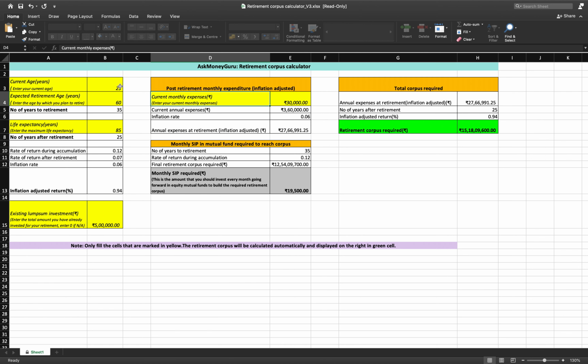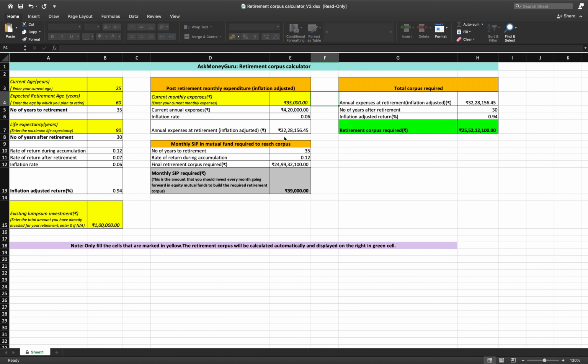So let's say current age is 25, expected retirement age is 60, life expectancy, let's say we mention it as 90, existing lump sum investment, let's say we have around 1 lakh accumulated, and current monthly expenses, let's take it as 35,000, right?